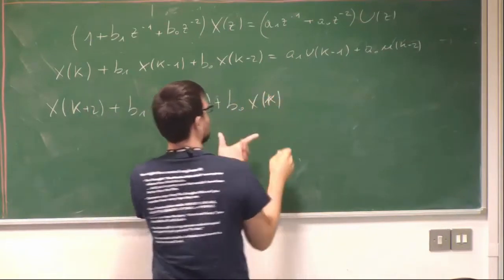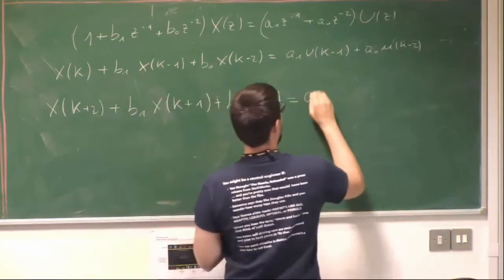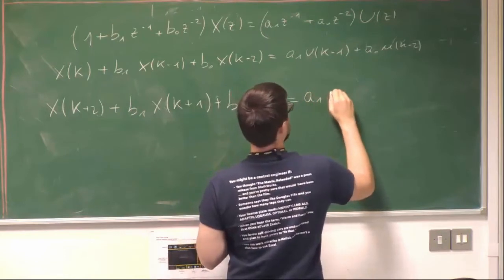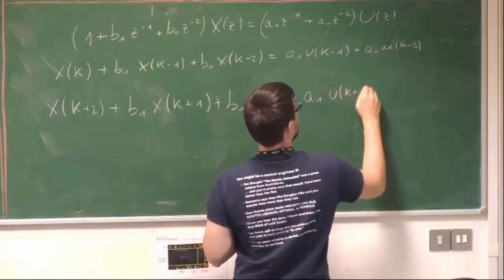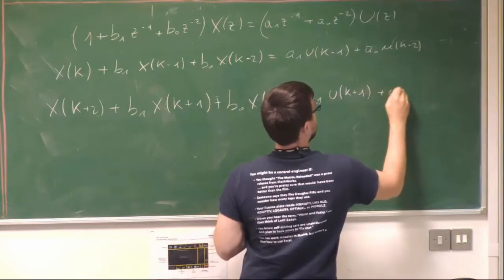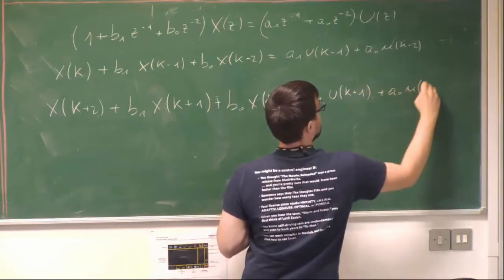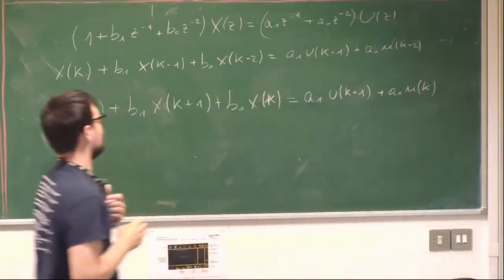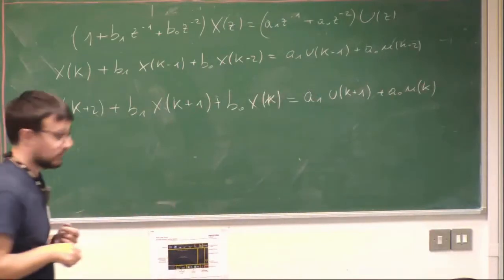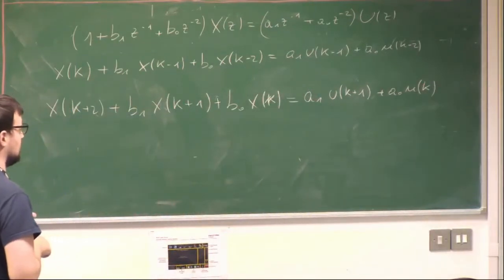So we just translate everything by 2 k's. And so we get this expression here, that is the expression that you have on the slide. So just to write it as in the slide.